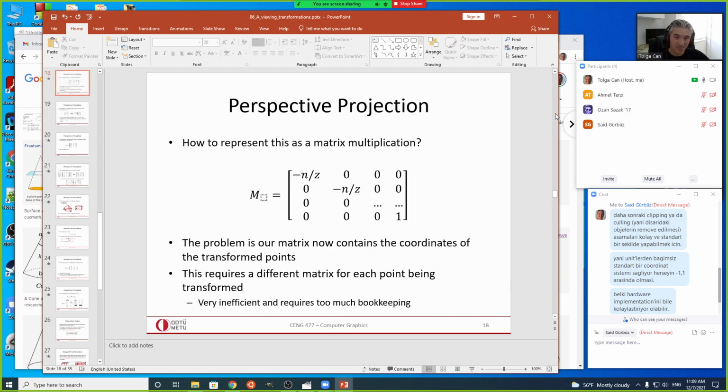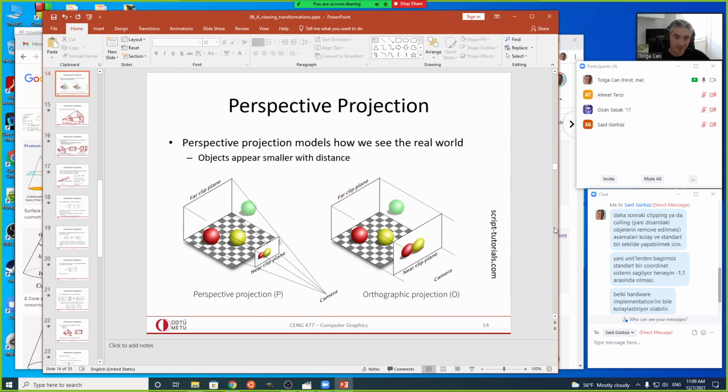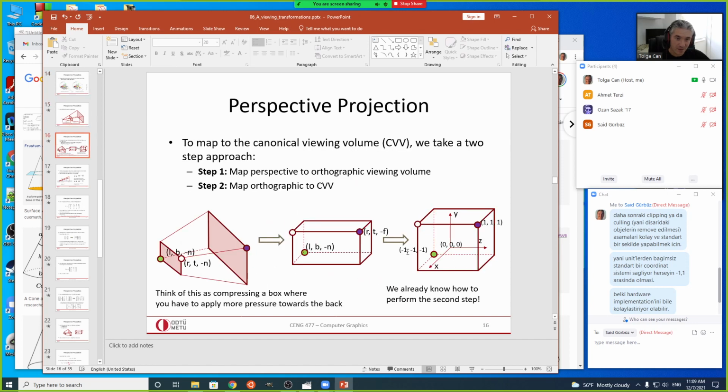It's actually done by orthographic projection. Remember this one? This conversion from minus n, minus f to -1 and 1 is established by orthographic projection. So our goal in this step is not to get z values between -1 and 1 yet. It's already going to be done by the second step, mapping of this.